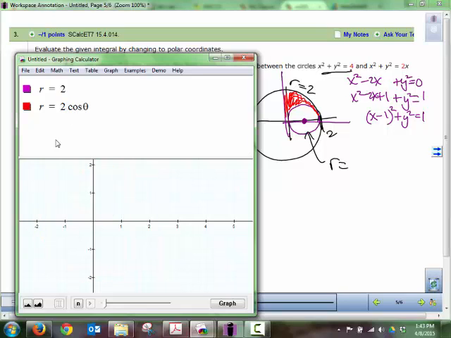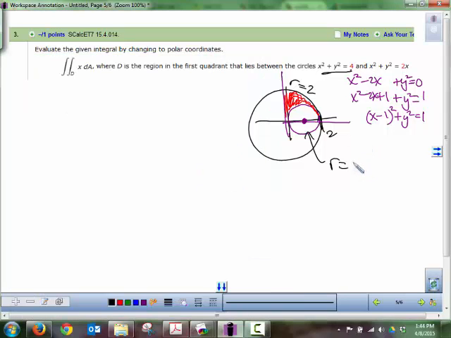So let's put the cosine back, which is what we want. So this is how the function works. So what we'll use is cosine theta. r is equal to cosine theta for the other function.